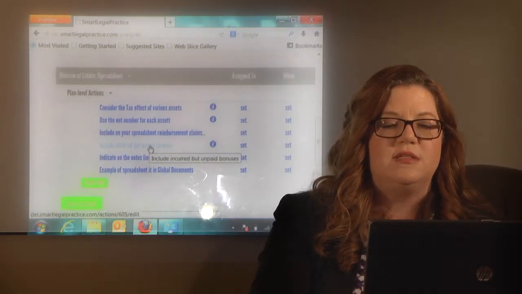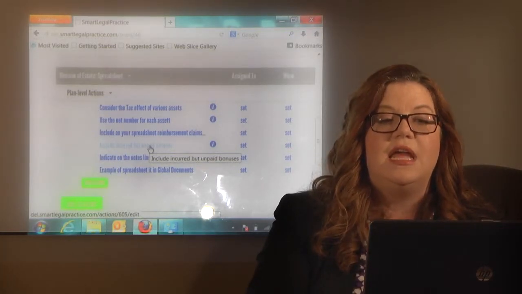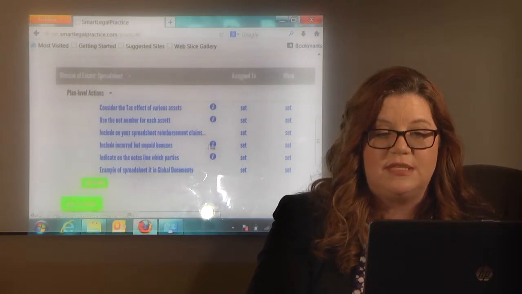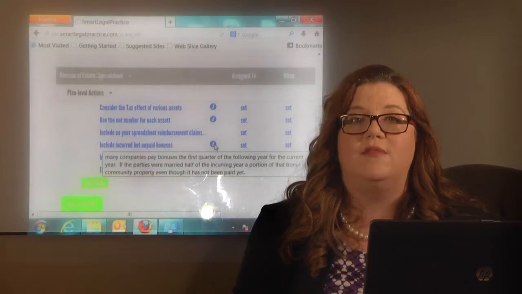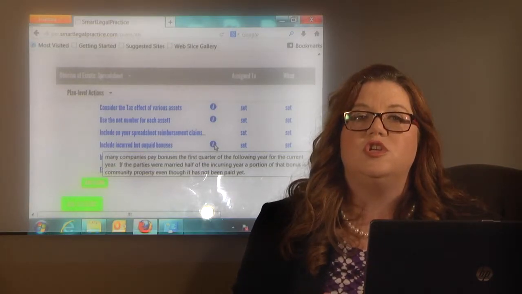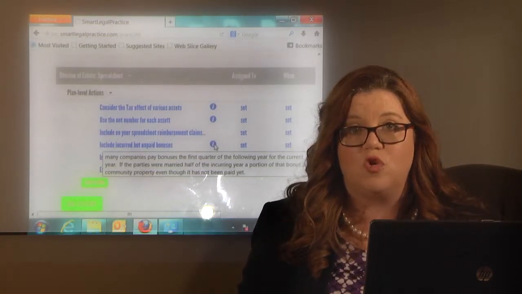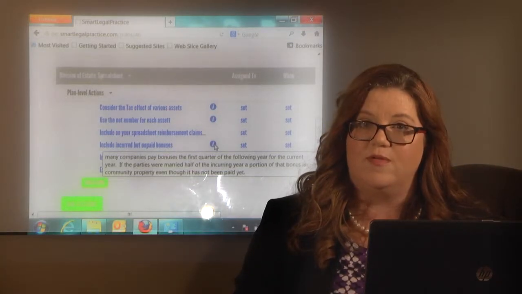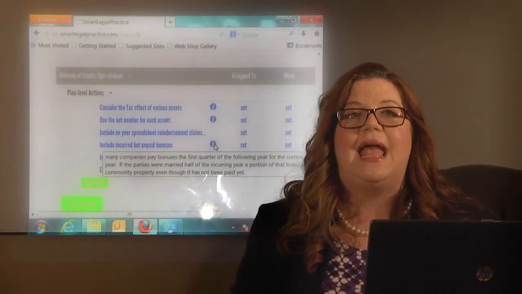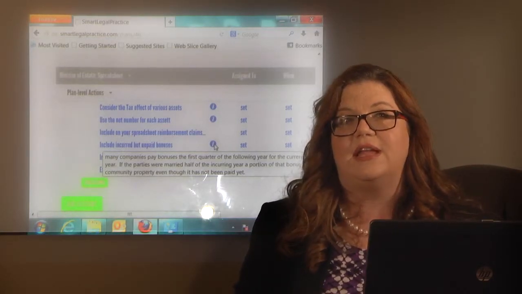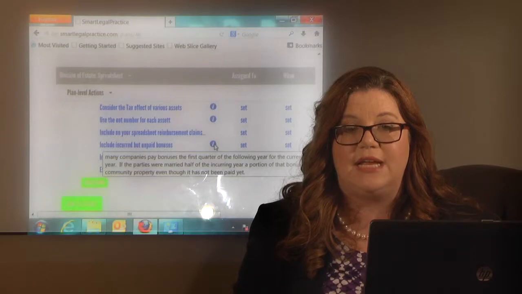One thing to remember that is sometimes overlooked is incurred but unpaid bonuses. So for example, it's very common for businesses to pay a bonus in the first quarter for last year's performance. So let's say your parties are getting divorced, and let's say they're getting divorced in early 2013.